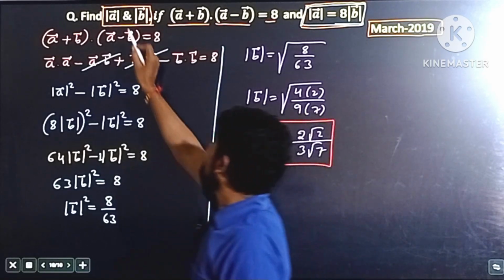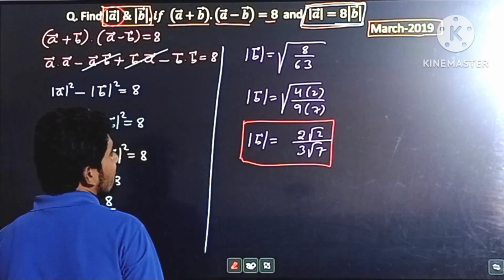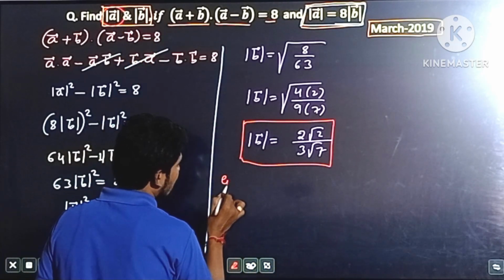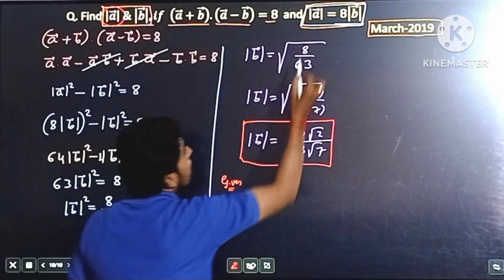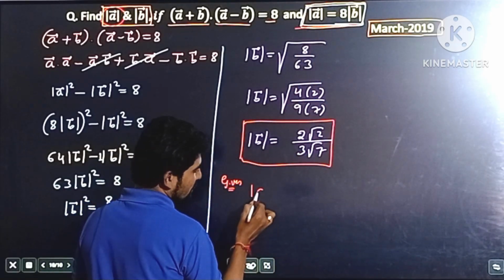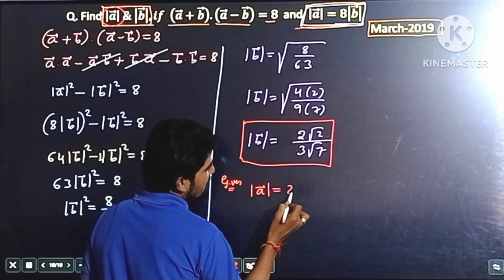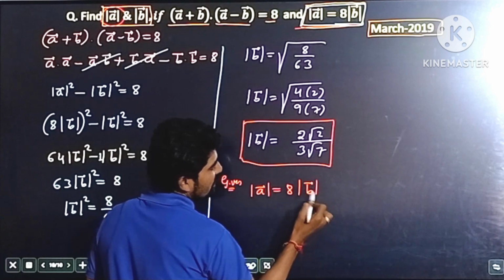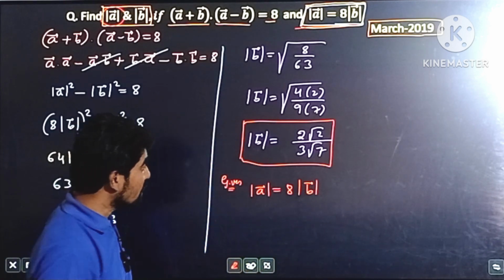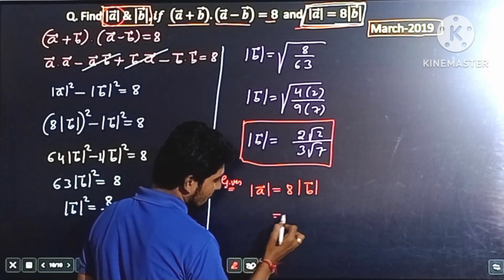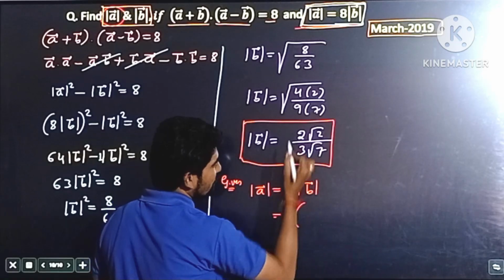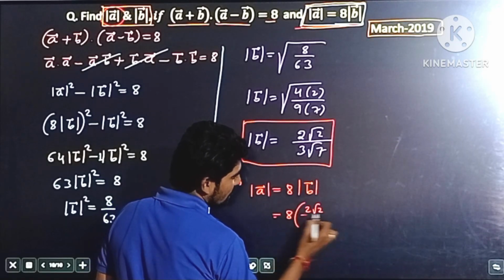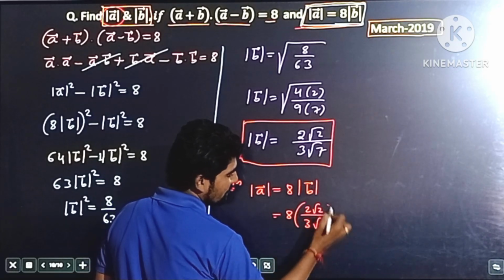And also we need what? Magnitude of a vector. To calculate the magnitude of a vector, he has given that magnitude of a vector is equal to 8 times magnitude of b vector. And already we obtained the value of magnitude of b vector. So 8 into magnitude of b vector, which is 2 root 2 divided by 3 root 7.